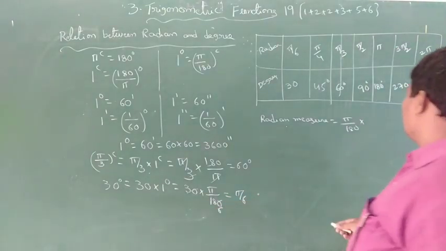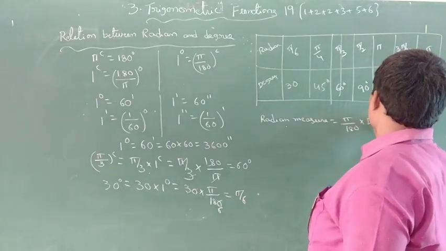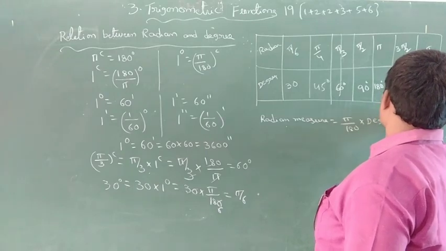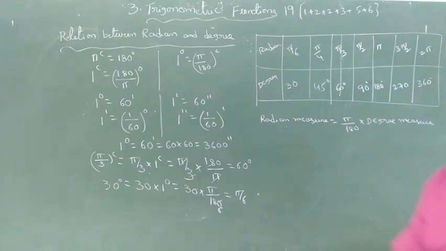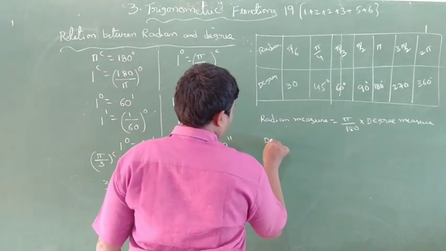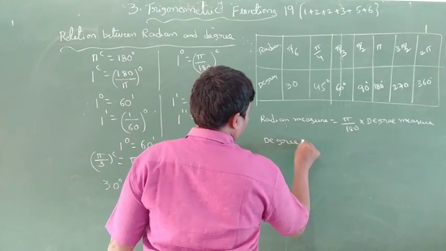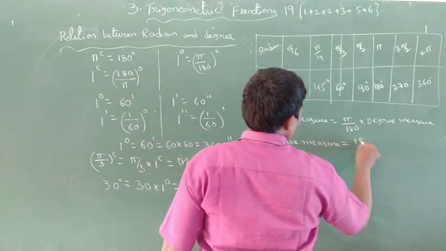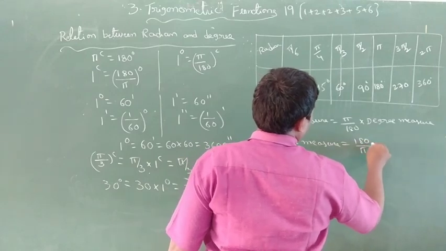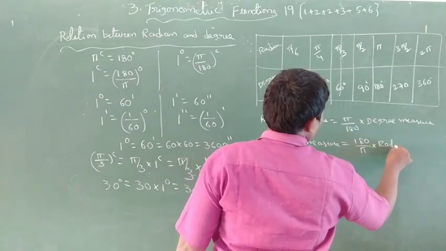Degree. So pi by 180 into degree measure. Degree measure is equal to 180 by pi into radian measure.